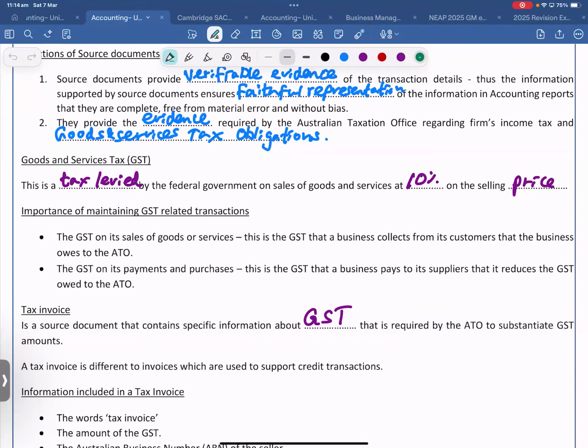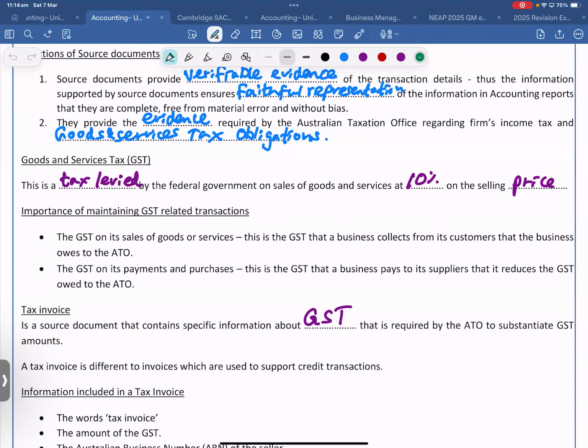When the transaction is made, it comes with the 10% GST, so the total will be 11,000. From that, 1,000 is for the ATO, so we have to send it to the ATO.